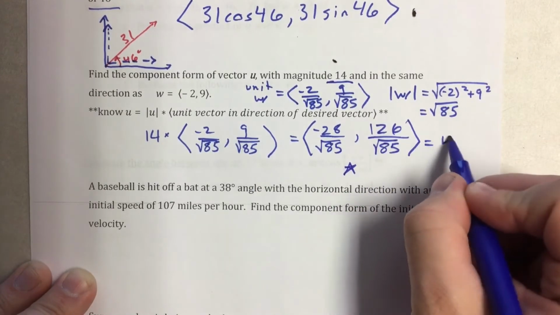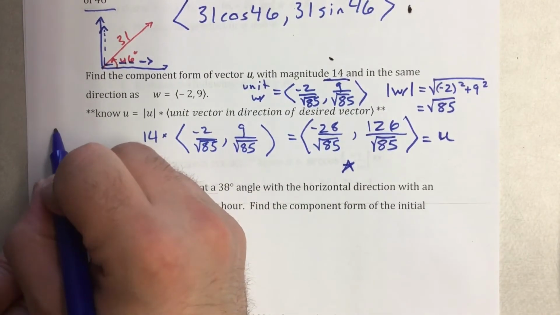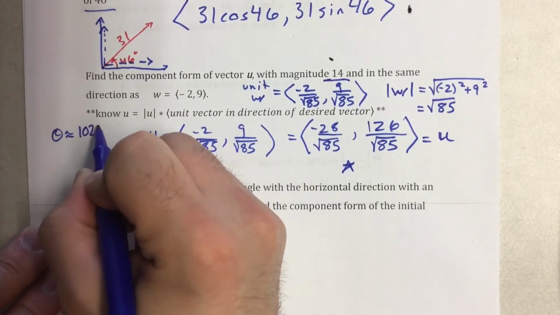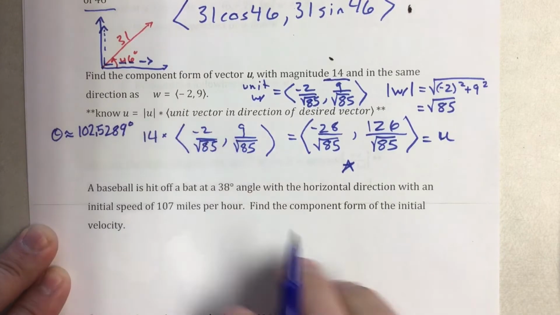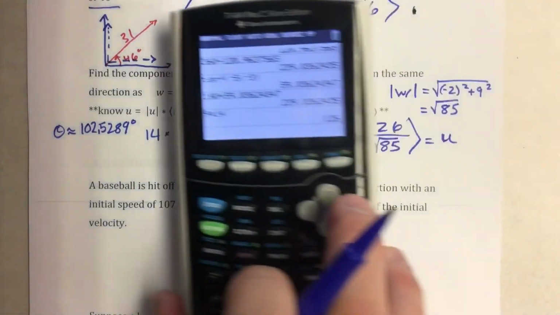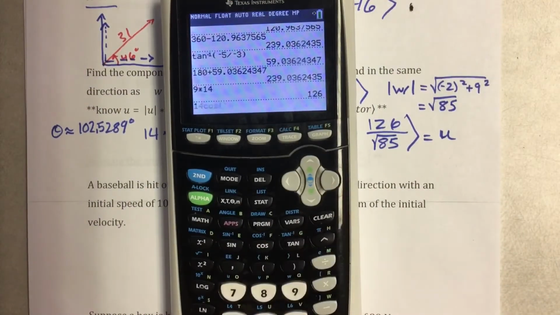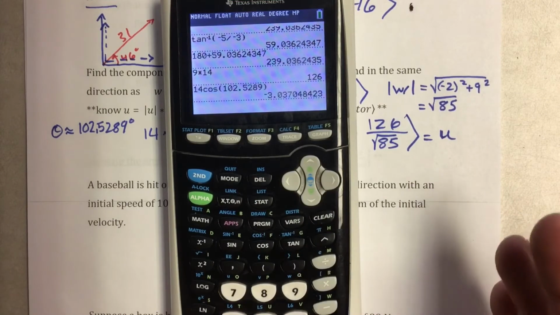This is vector u. And if you had the direction angle, you would get a direction angle of approximately 102.5289. So if you had that and you did, let's say, 14 cosine of that angle, you get this.